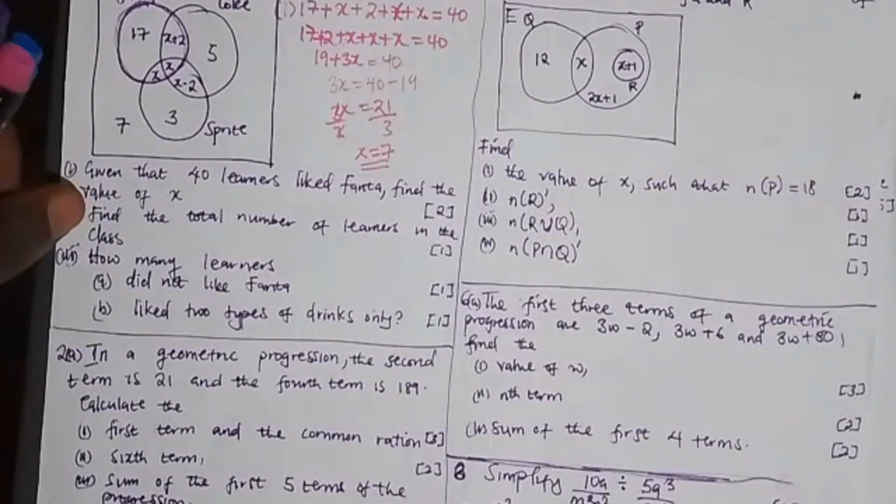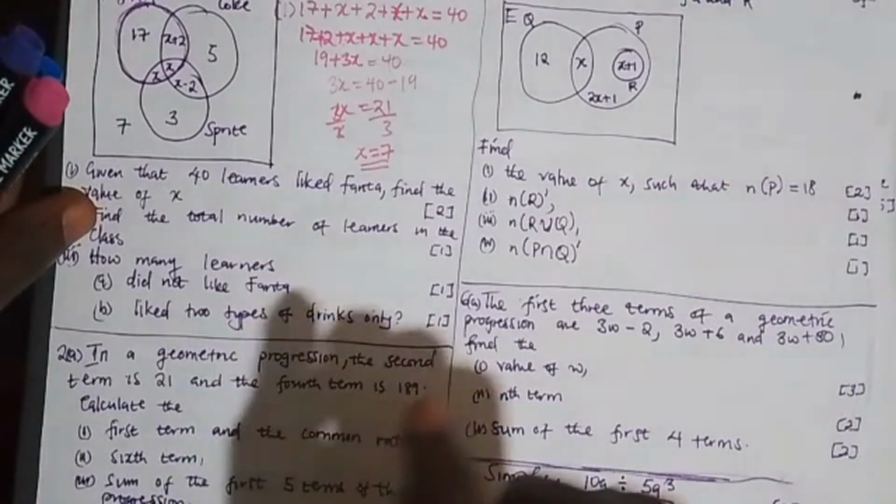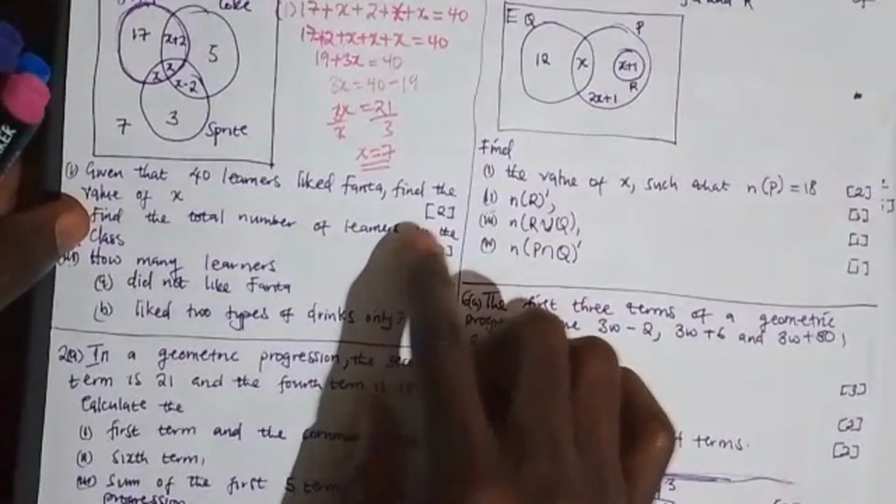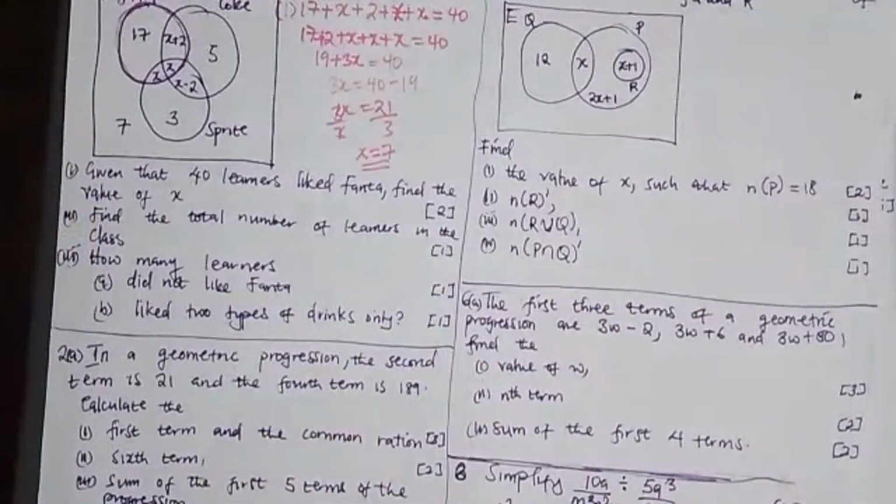Now the second question is find the total number of learners in the class. So how can you find the total number of learners in the class?